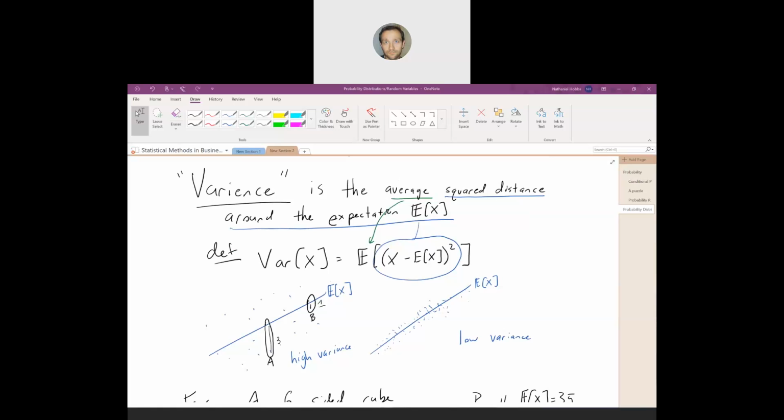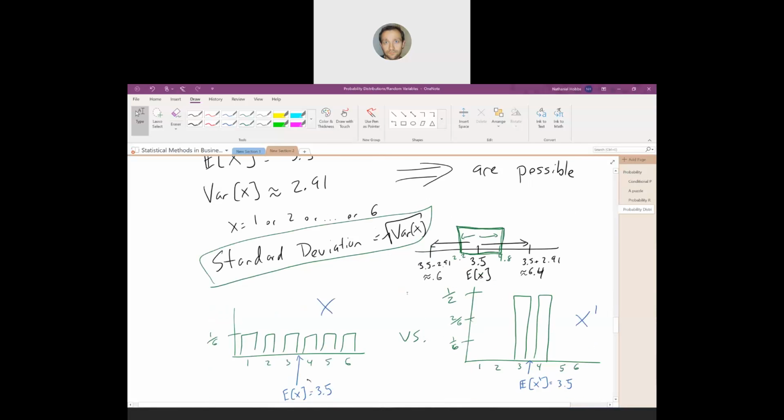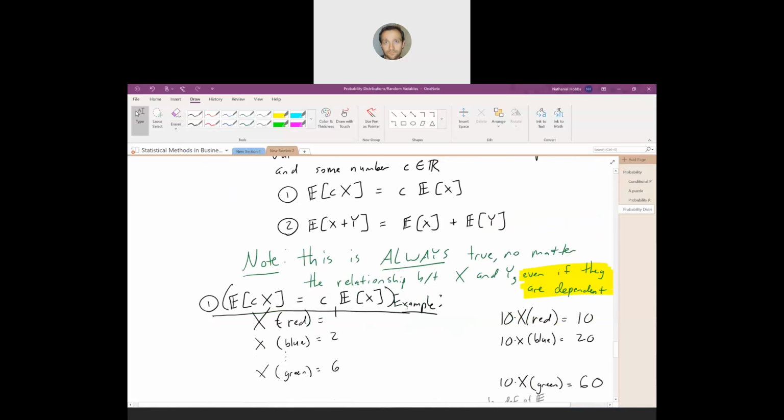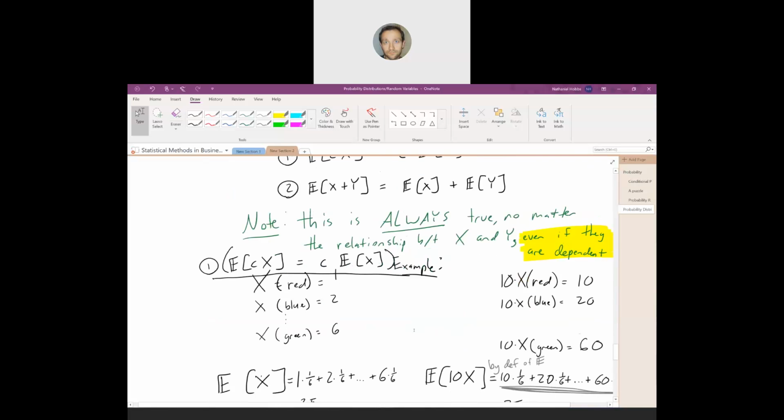After the break, we're going to be talking about a few different extensions or predictive methods using expectation and variance.